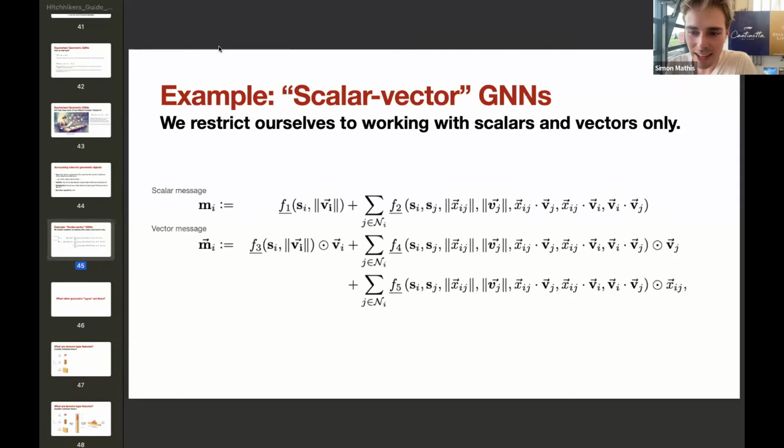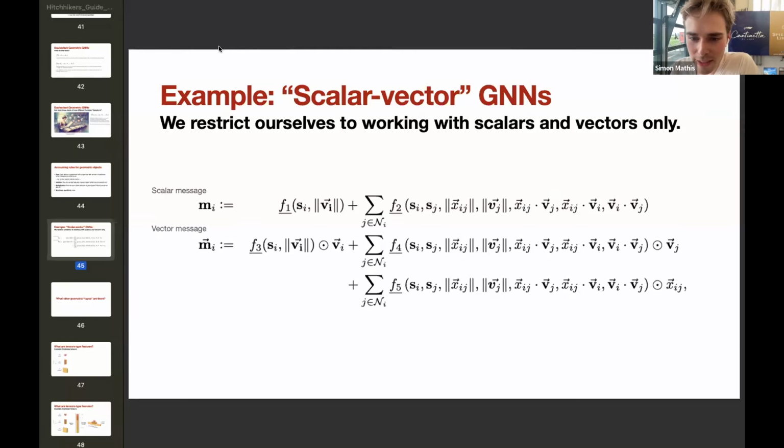For the scalar message, we use scalar projections of the various quantities. If it's already a scalar, it stays a scalar. But if it's a vector, we could take its norm or take its dot product with another vector, and that would give us a scalar. Those are different ways of obtaining scalars from vectors. Those are the multiplication rules: if I take two vectors and dot multiply them, I get out a scalar.